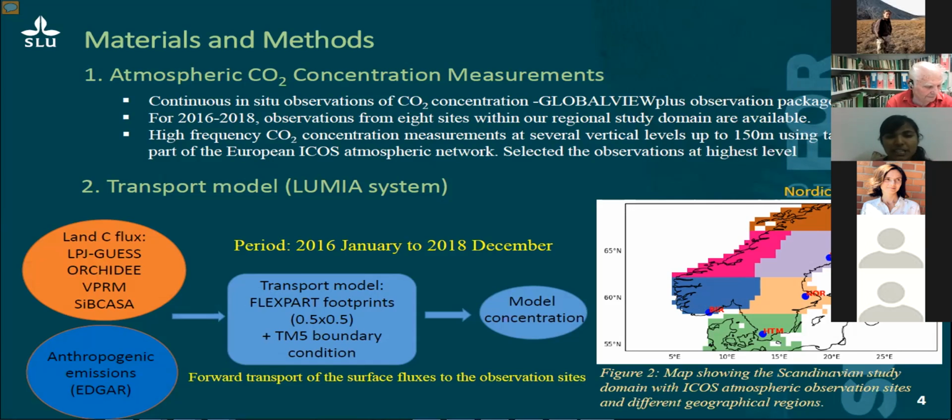The LUMIA transport model has 2 components. The foreground concentration is computed using the FLEXPART footprints regional transport model, and for the background concentration, we use the TM5 boundary condition. Then we get the model concentration at each of these ICOS stations, which is further compared to the observed concentrations.